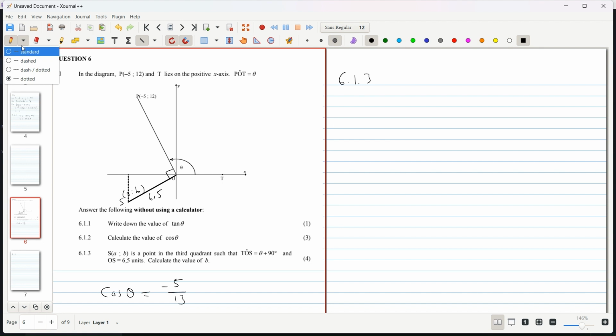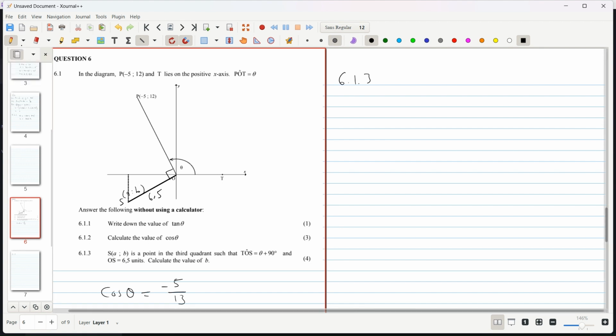What we need to establish is that our x value here is A. So this will be A here, and then this will be B. Our B value will be our y, so our B is here, and then our R is here, which is 6.5. Now we can calculate the value of B. To find the value of B, we need to take note.